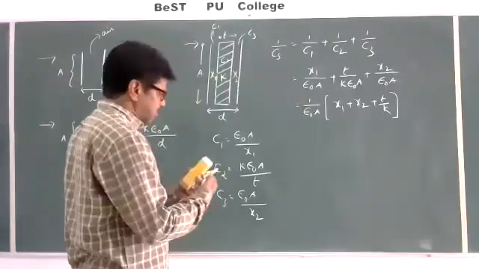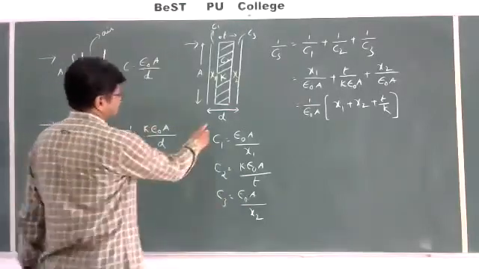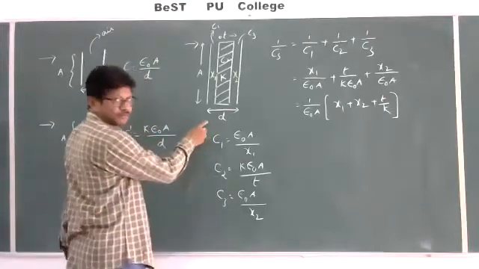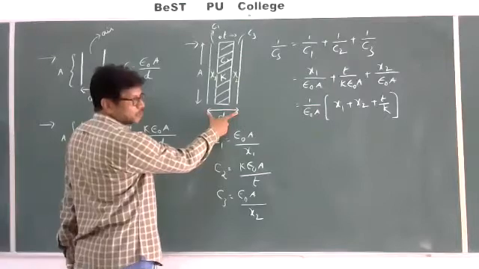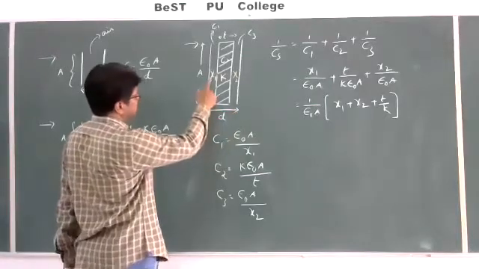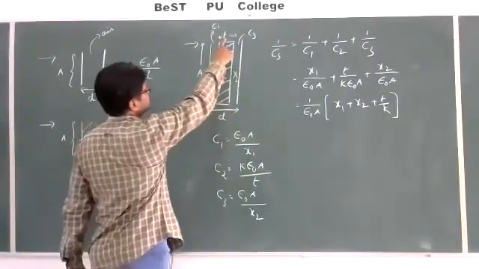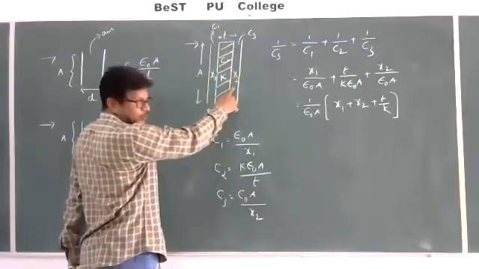From the diagram I can write that the total distance D is equal to x1 plus T plus x2.